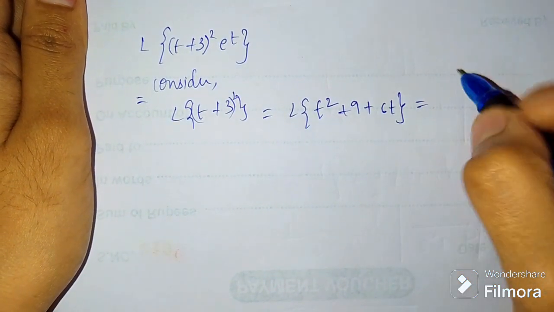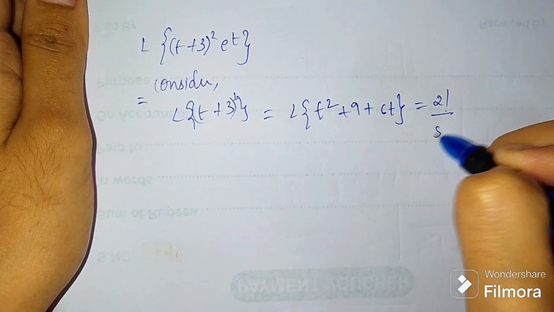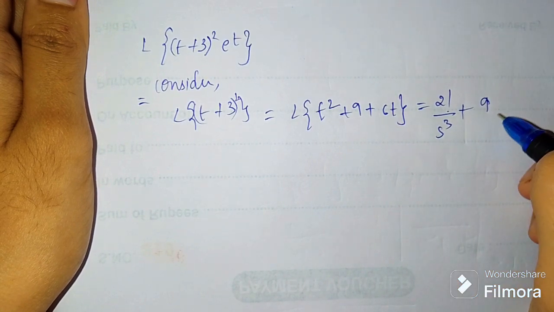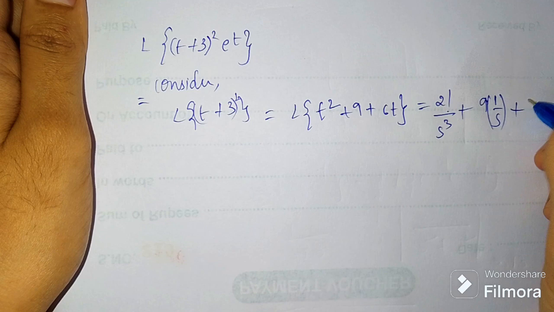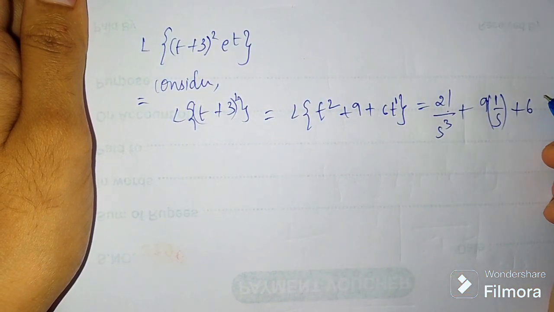For t square it will be 2 factorial by s power 2 plus 1, plus for 9 into Laplace of 1, which is 1 by s, plus 6 into Laplace of t, which means t power 1, that is 1 factorial by s power 1 plus 1.